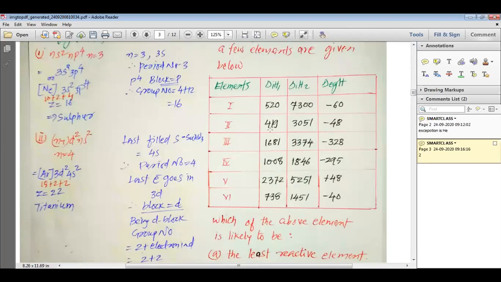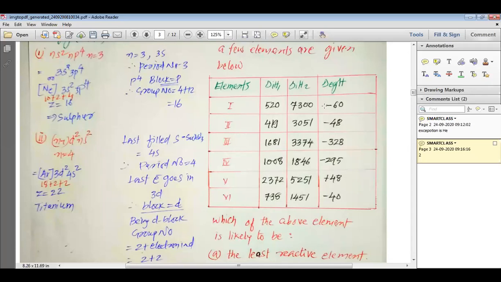When you look at the other options, element number 6 has 738 and 1450. If you look at element number 1, the second ionization enthalpy is very, very high, so it cannot be a group 2 element, because group 2 elements cannot have such a huge second ionization enthalpy; they easily form the +2 ion. So we should consider element number 6 as the answer.